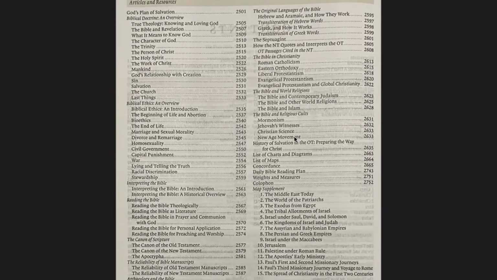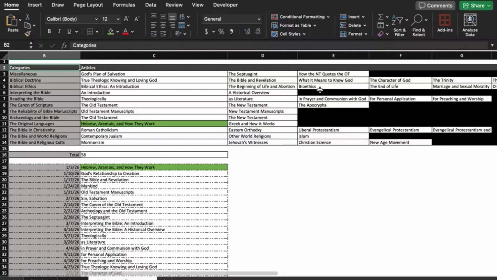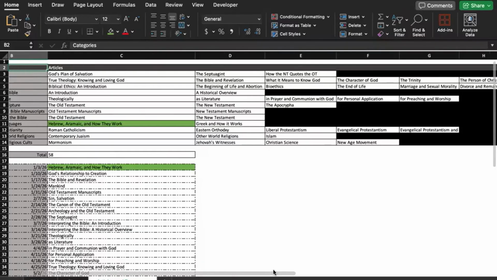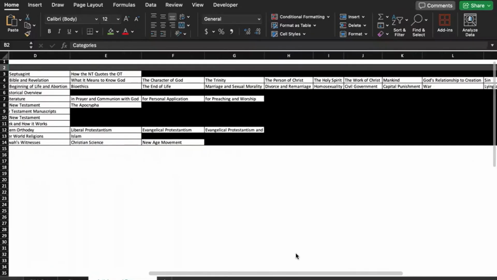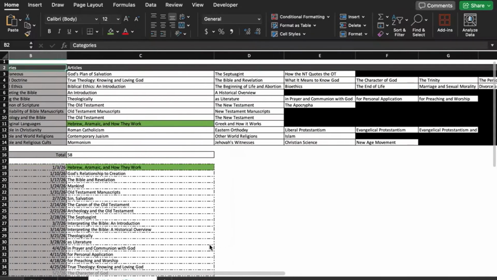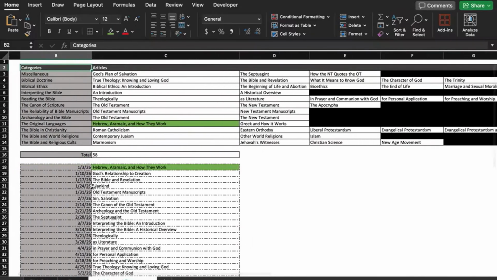So these are the articles here, and I've set up a schedule for us here. I made a little table of the articles, and I'll have every Saturday here. This is the one that we're going to do today.